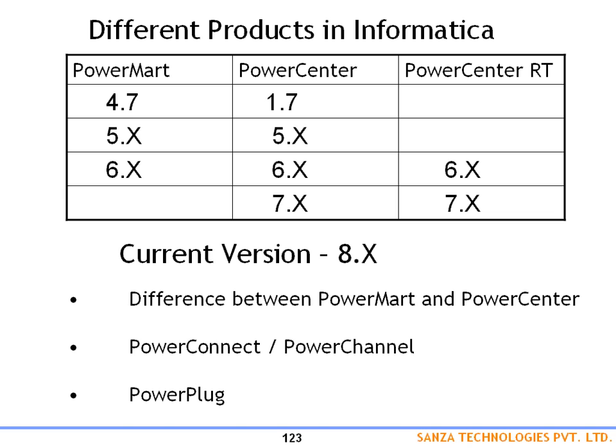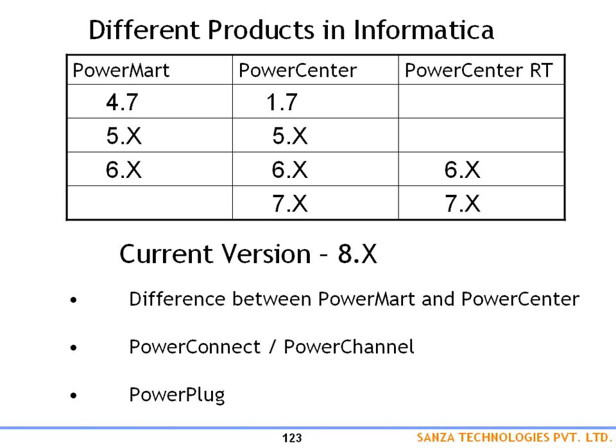So Informatica provides you with another product called Power Connect. Previously they used to call it Power Connect, now they call it Power Channel. This Power Connect or Power Channel has the capability to understand the ERP system. So from your designer tool, when you want to connect to an SAP system, it has to be connected through this Power Connect or Power Channel.